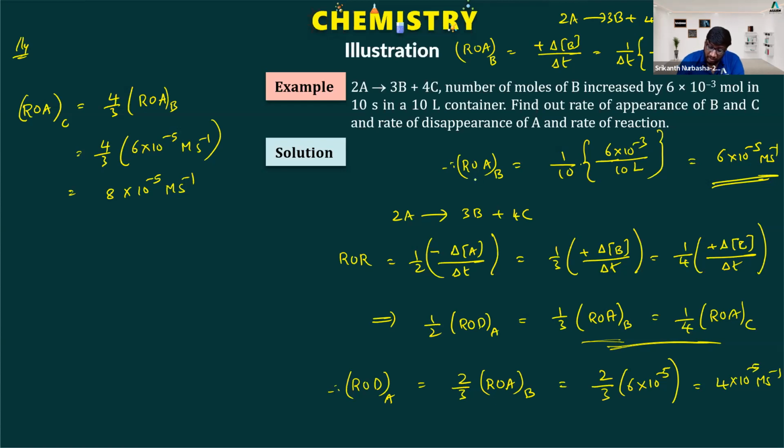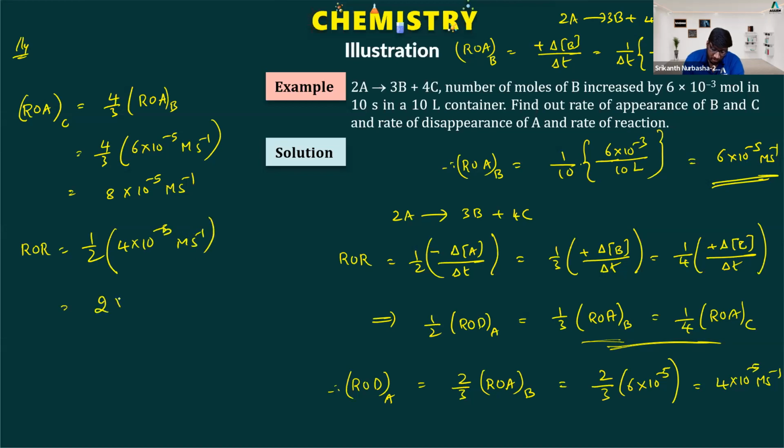So rate of appearance of B, rate of disappearance of A, rate of appearance of C, and ultimately rate of reaction also we have to report. Rate of reaction you can calculate with respect to any quantity. So half of rate of disappearance of A. Rate of disappearance of A is 4 into 10 power minus 5 molar second inverse.